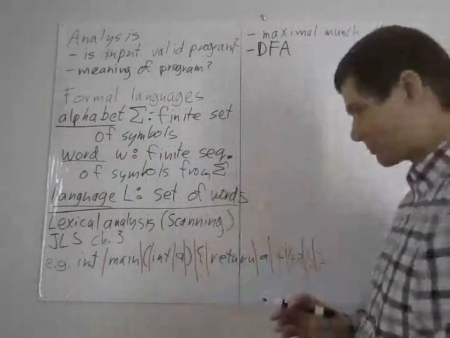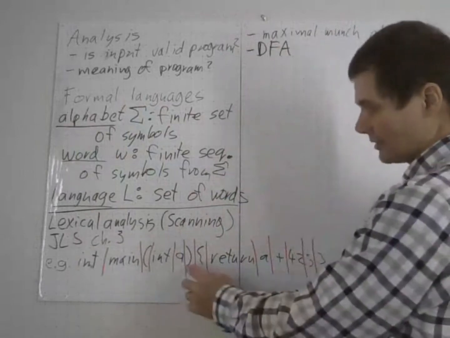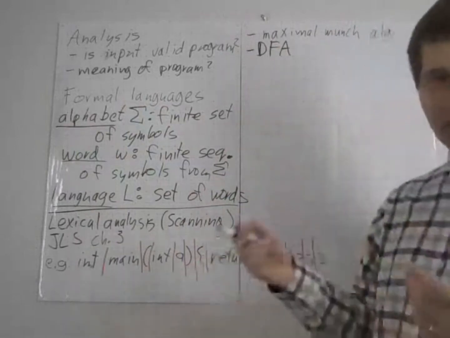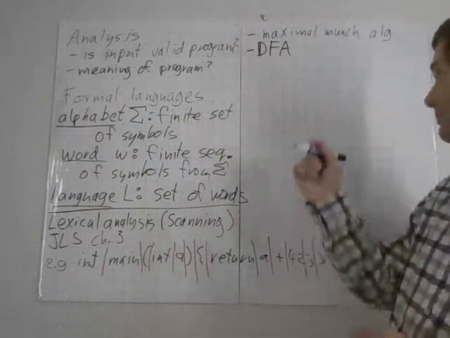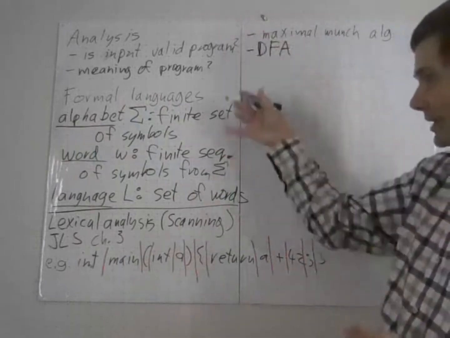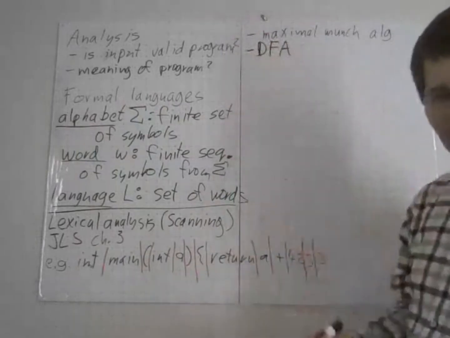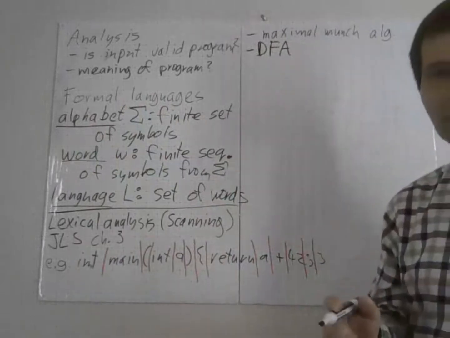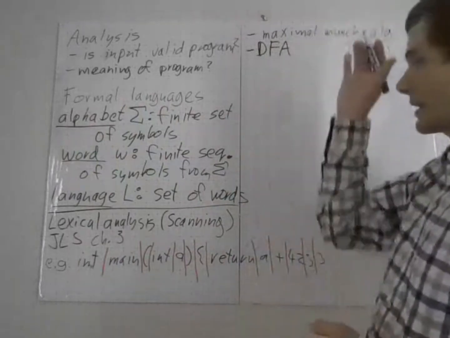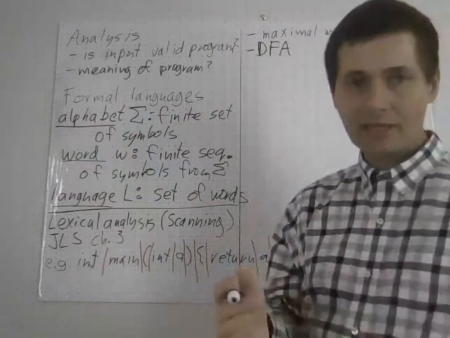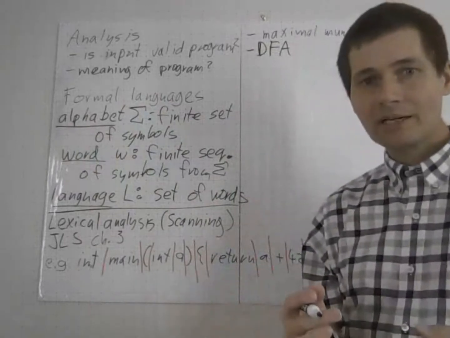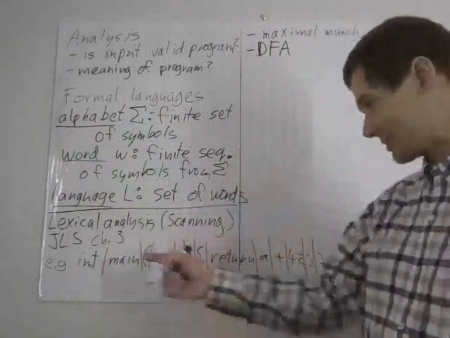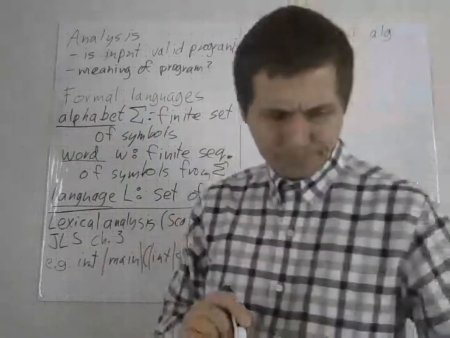That pair of symbols is not a valid token, but each individual symbol is a valid token. So the DFA is where we use the theory to specify what valid tokens are, and then the algorithm is going to use that DFA to do the scanning to find the tokens.